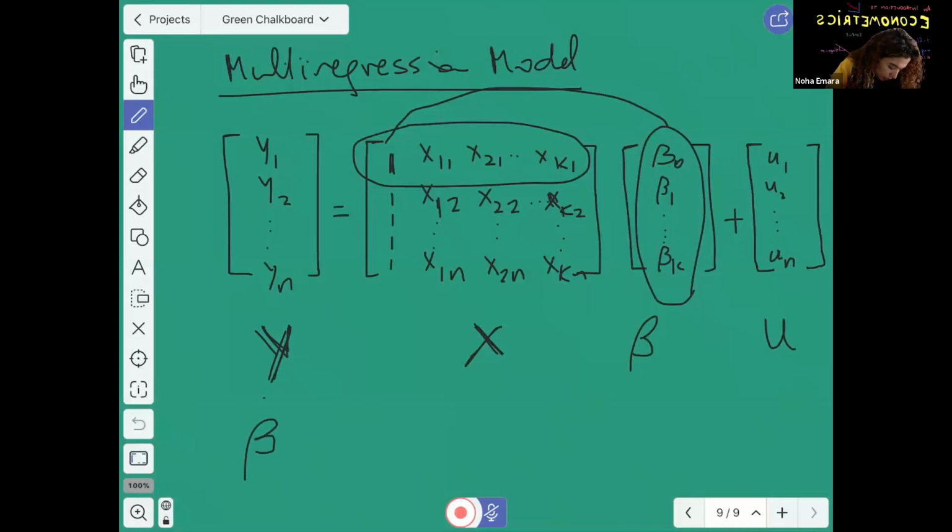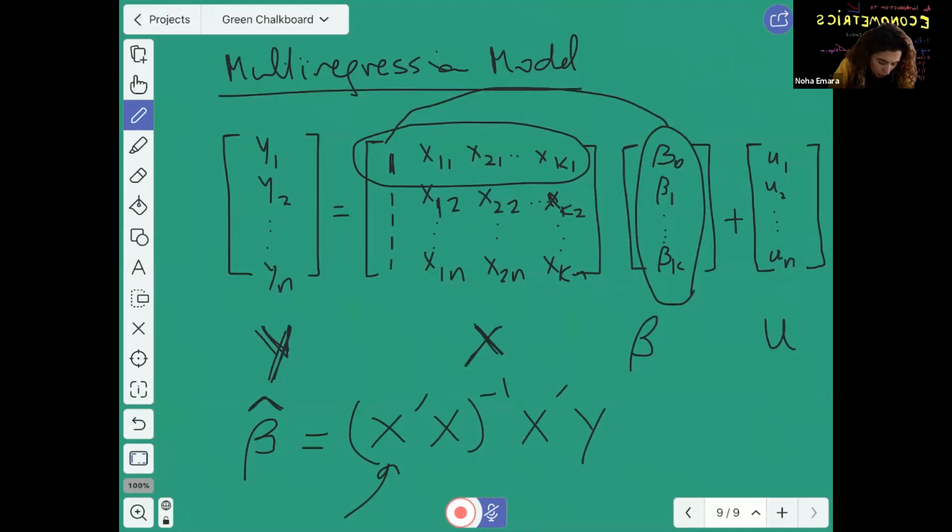In order to get our estimates of coefficients, it's just one notation, one formula: X prime X inverse X prime Y. Just note that these X's are not a variable. I'm talking about this whole matrix, okay?